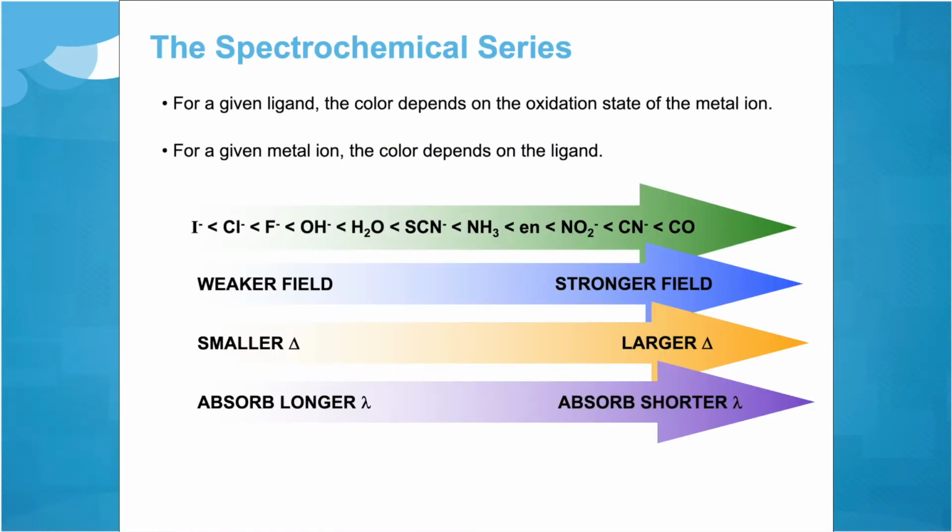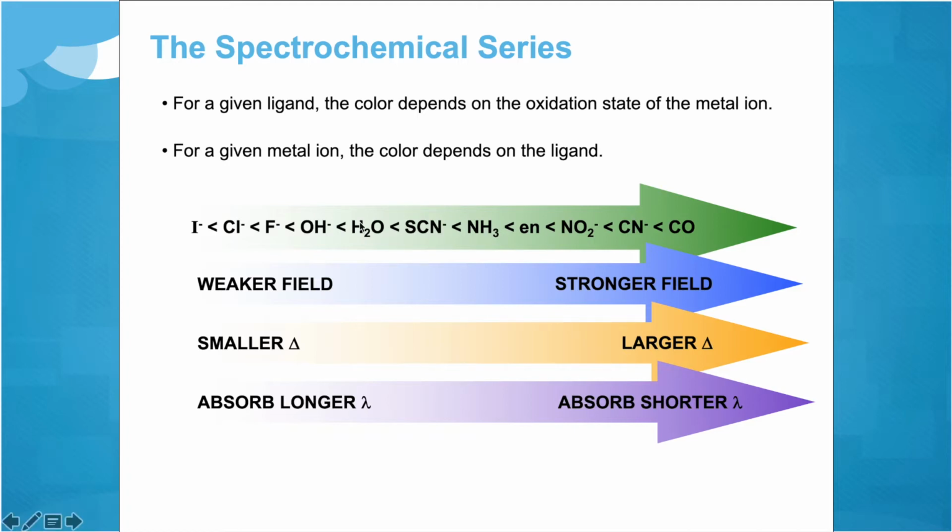So this is a summary of the spectrochemical series, where I have given you the same statement before this. We have two factors: types of ligands, and the oxidation state of the metal ion.